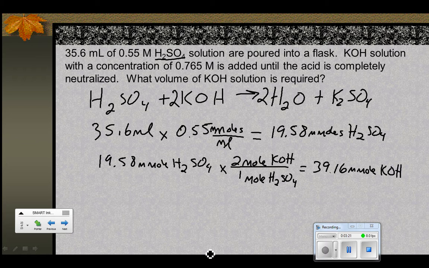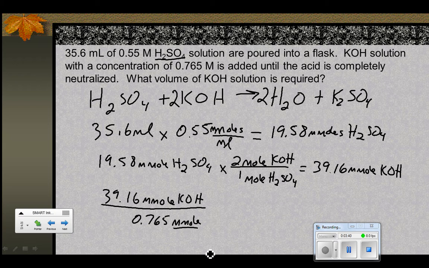And then finally, we're going to take that 39.16 millimoles of KOH. All right, in order to get the units to work out, we're going to need to divide it by the given molarity, which is 0.765 millimoles per milliliter.